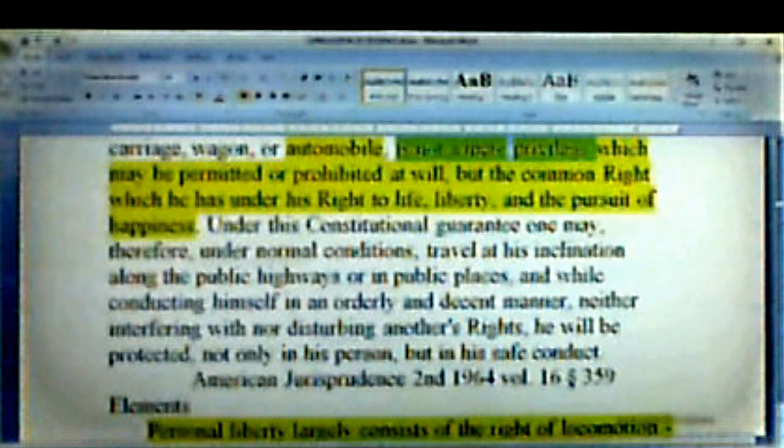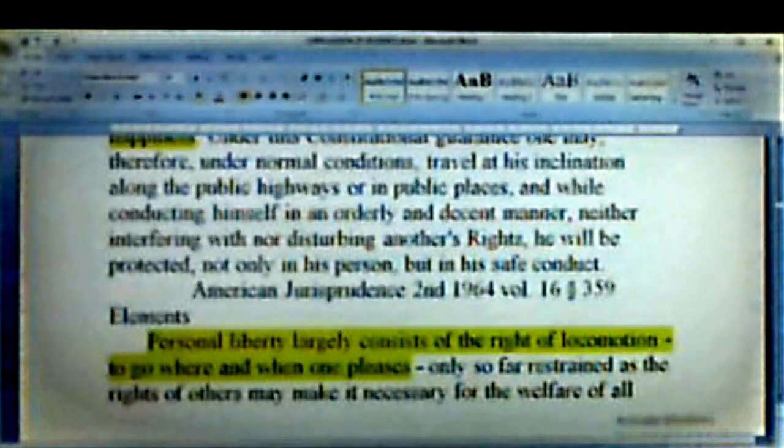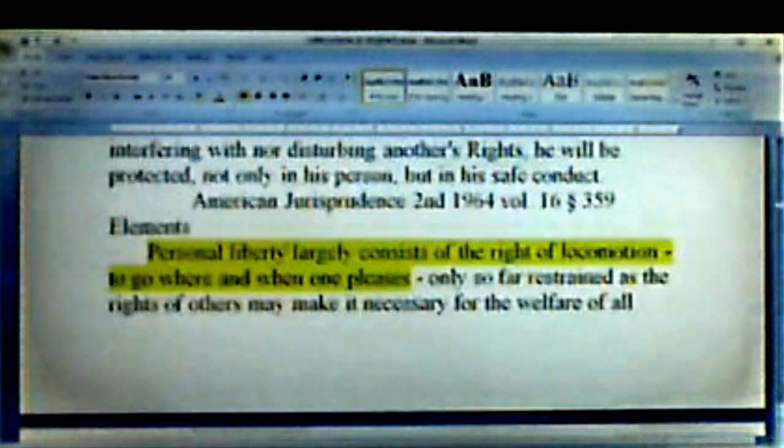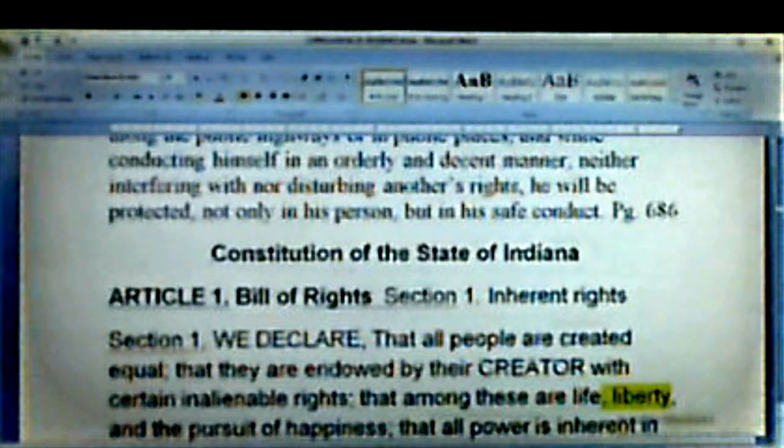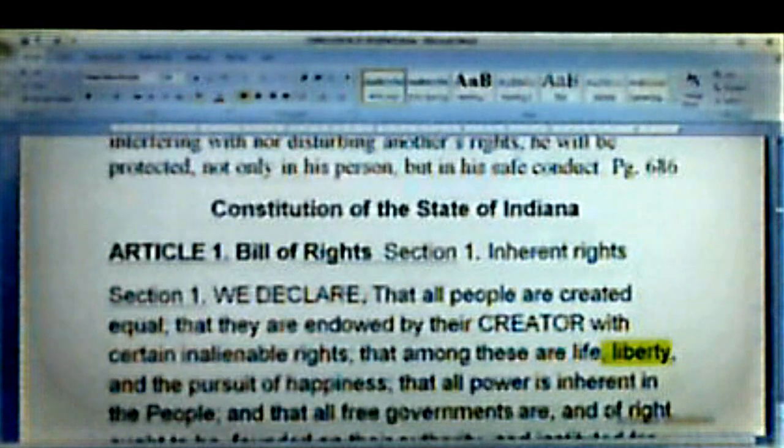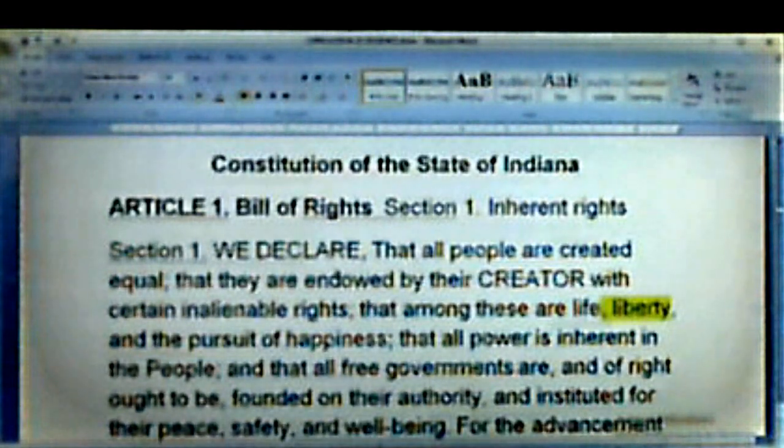Okay, so now we know that these constitutional guarantees are here, and it goes on and on and on, all the way down through here, right? And here we have the constitutional Article 1, Bill of Rights, Section 1 for Indiana, inherent rights, right?